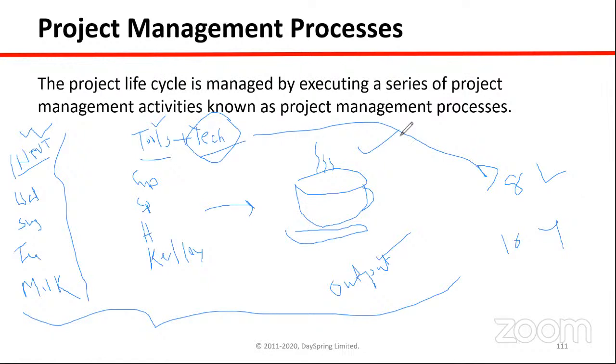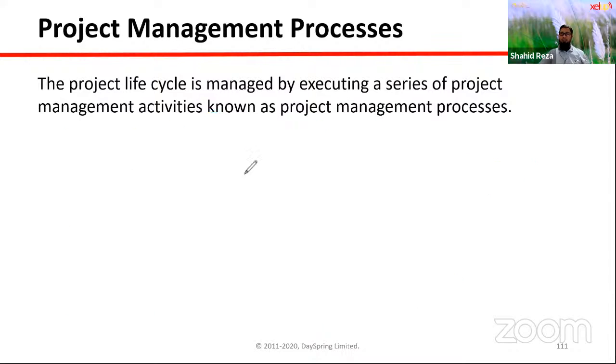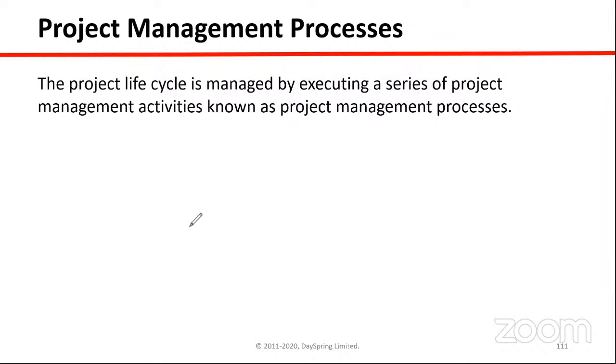Any process you do, in a professional or manufacturing company or anywhere, you will see these 3 components. So what is process? Process is taking some input, and on that input you have to use some tools and techniques to produce the targeted output. This thing is known as process.